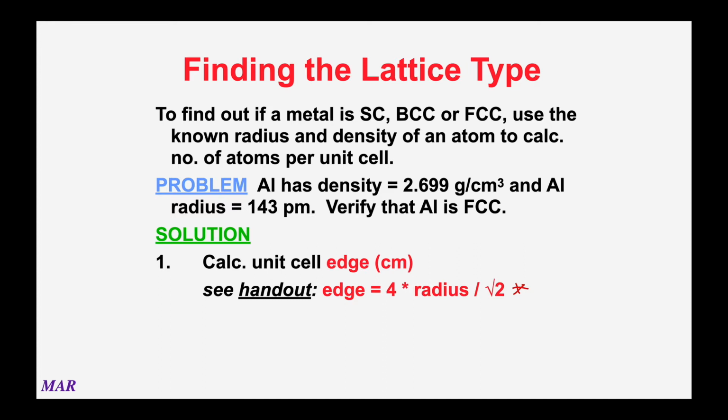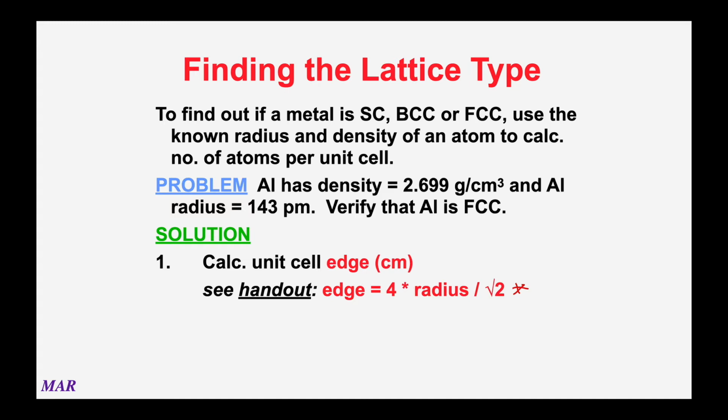So what we're going to do in this problem is start from the 4 times radius divided by square root of 2 to find the edge, and then work our way over to 4 atoms per cell. We could have started with 4 atoms per cell and worked our way over to find the relationships on this side. But for this example, it's going to be easier to do it this way.